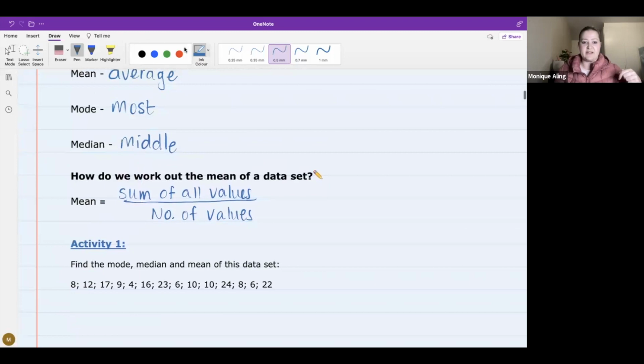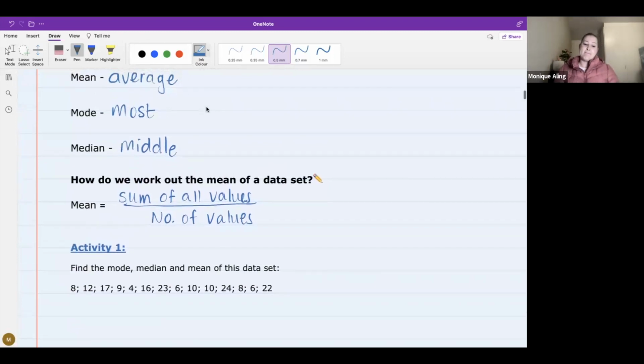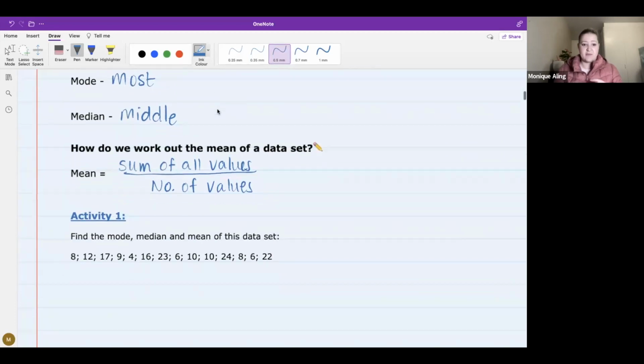I'm just going to scroll up a little bit quickly. So just remember when you are putting your numbers in order, don't forget any. So always count how many numbers there are and then count the numbers you've rewritten to make sure that you've got all of them. I'm going to scroll up again.